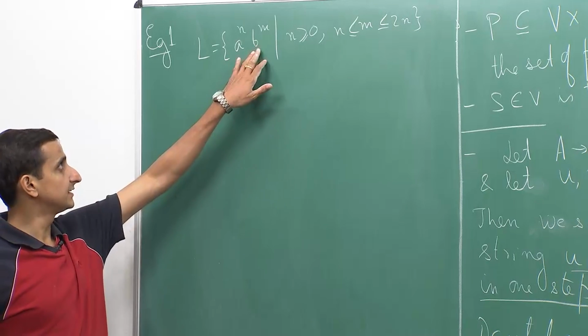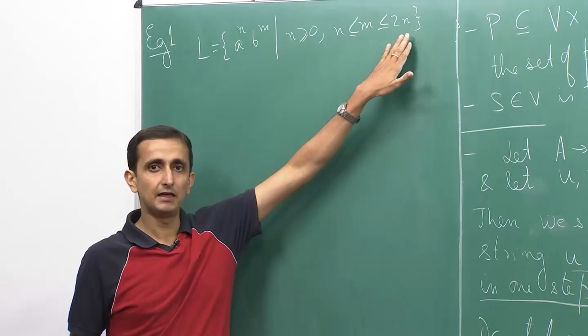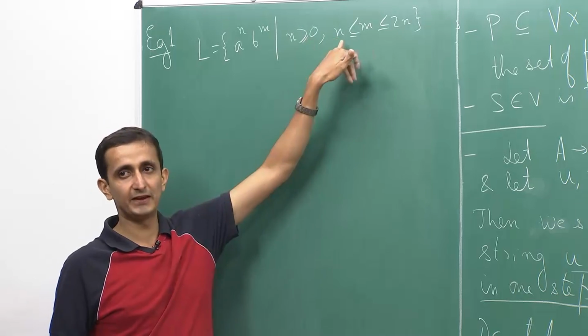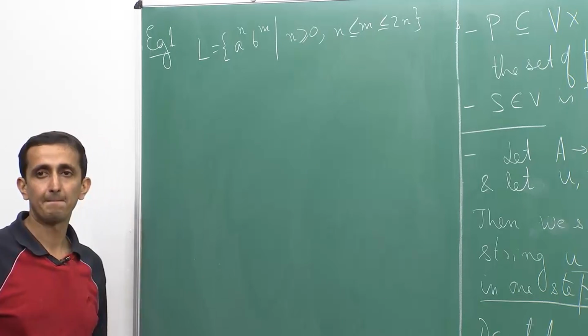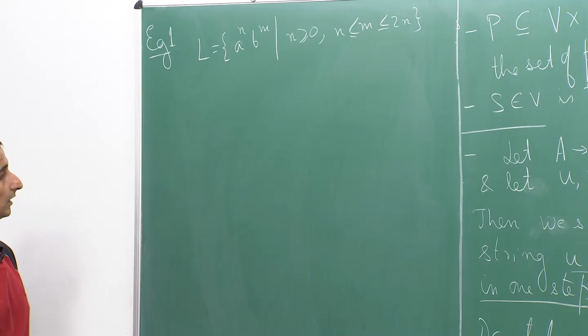So, the number of B's is at most twice the number of A's, but at least the number of A's. How do we create a grammar for this language?